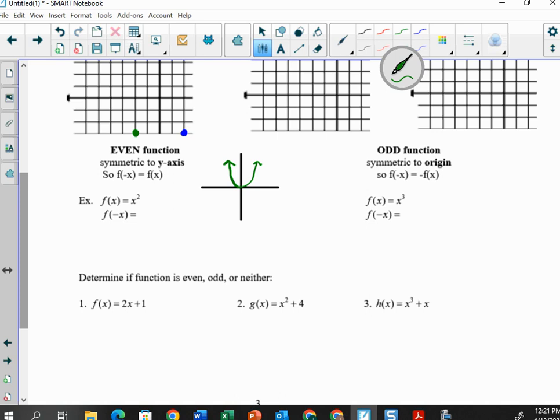So we started with f(x) = x squared. We have to show that plugging in a negative x gets me back to the original function. That I can plug in a negative x and it's just the exact same thing I started with. So for this function, I'm going to write in parentheses (-x) quantity squared. That's the plugging in of the negative x.